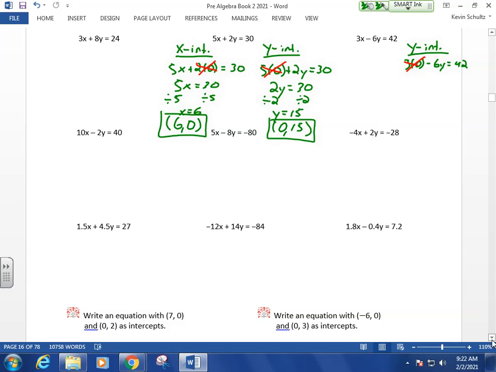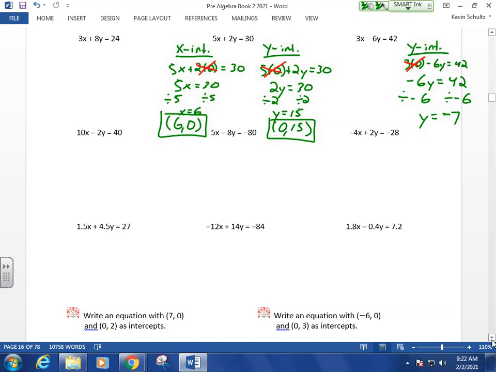Negative 6y. Remember that sign follows it. Okay, that sign belongs to that 6y term. So it's negative 6y equals 42, which means that when we divide both sides by negative 6 to get y by itself, 42 divided by 6 will give us a negative 7. So just watch out for those, just like we found with combining like terms and solving equations. We did that before.